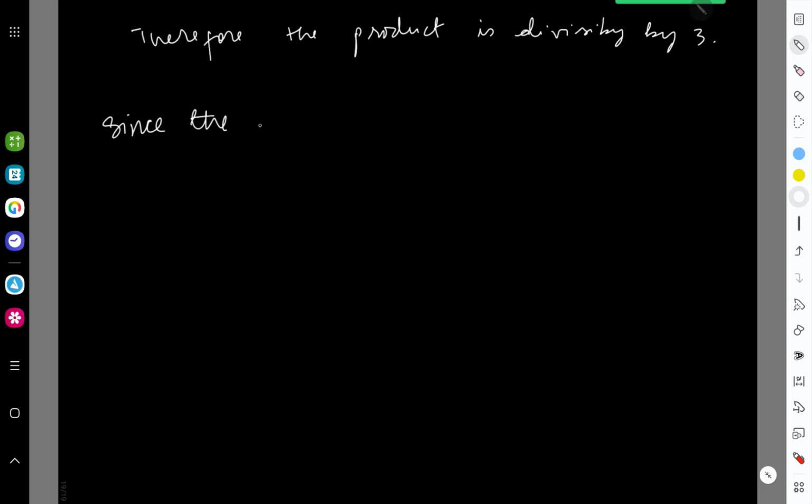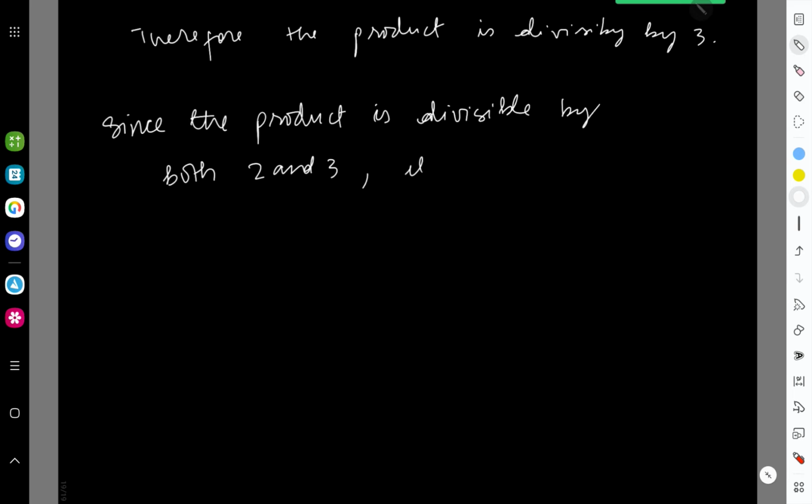Since the product is divisible by both 2 and 3, it will be divisible by 6.